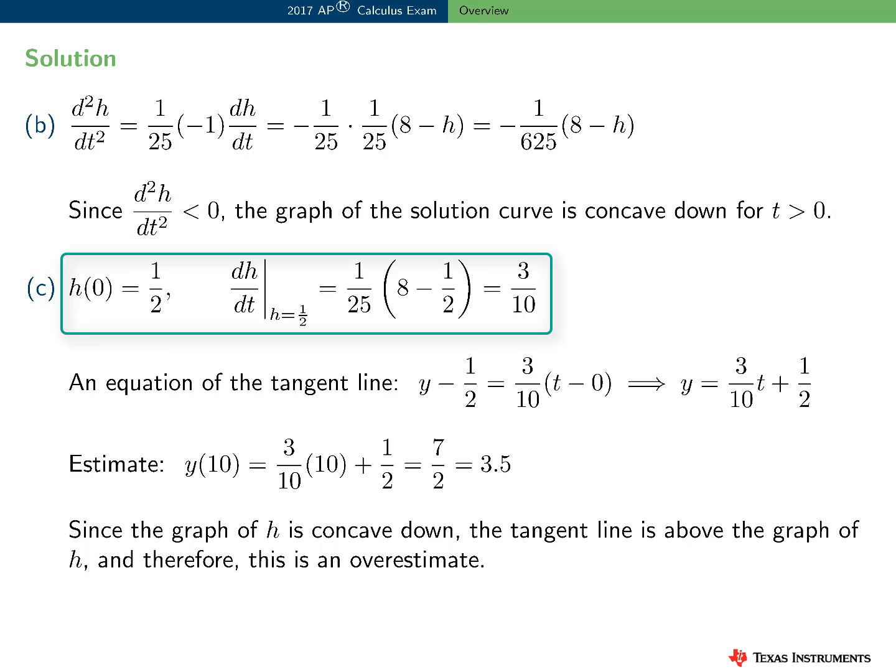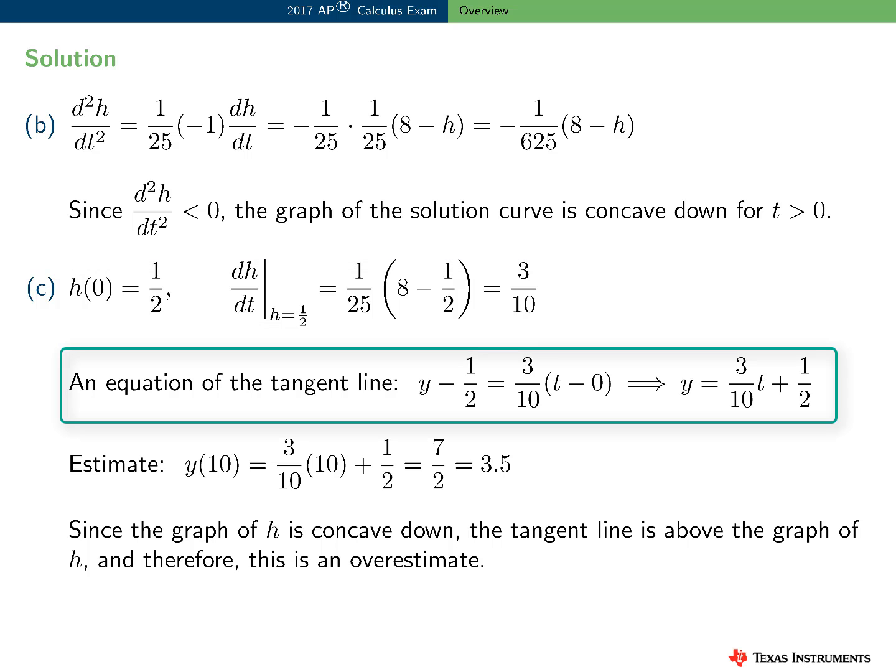To find an equation of the tangent line, we need a point and a slope. We have a point, h of 0 equals 1/2. This is the initial condition. And we can find the slope by using the expression for dh/dt at h equal 1/2. So here's an equation for the tangent line to the graph of h at t equals 0.